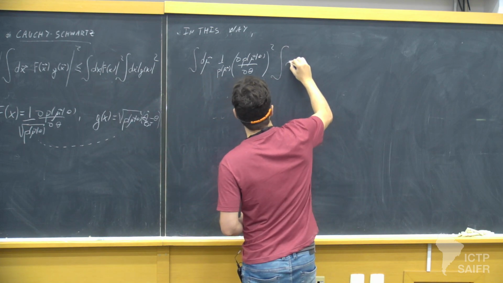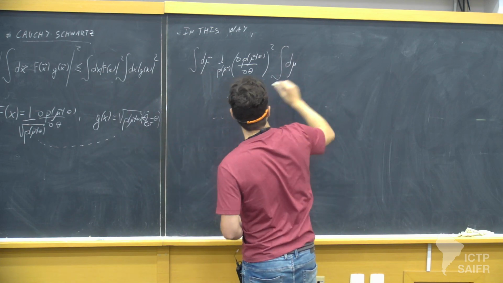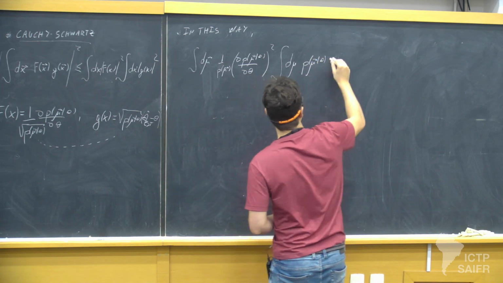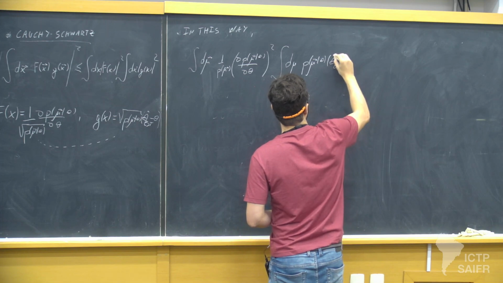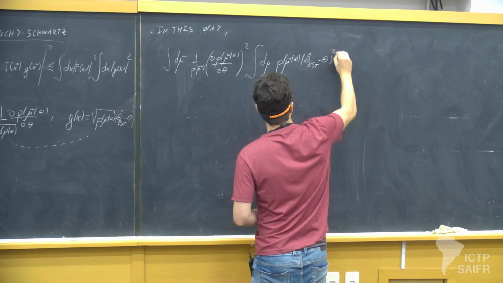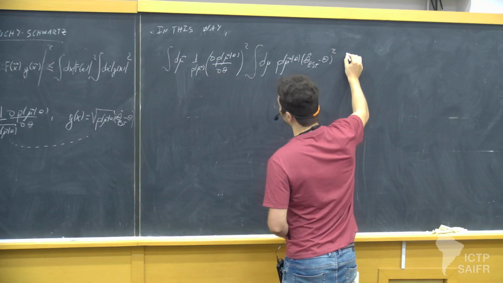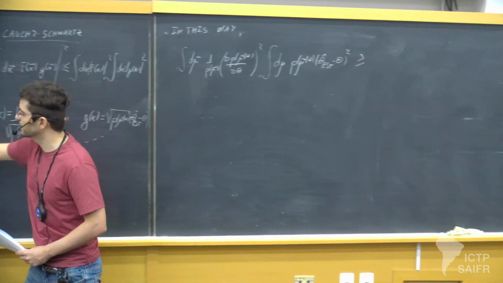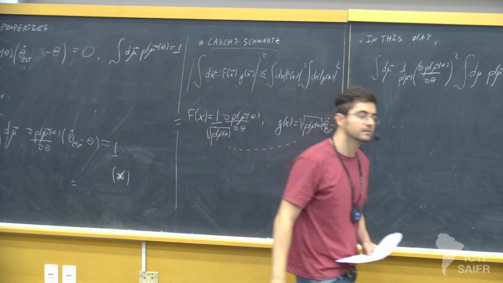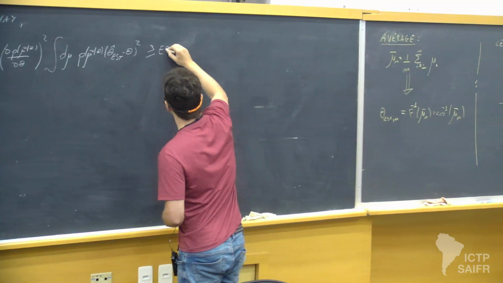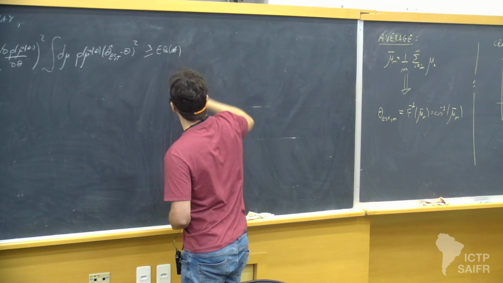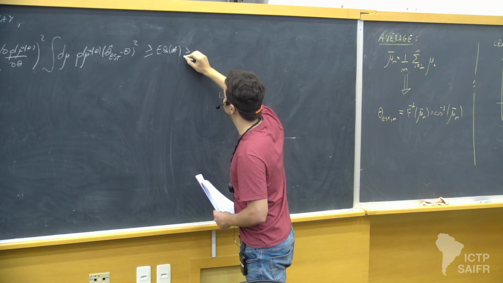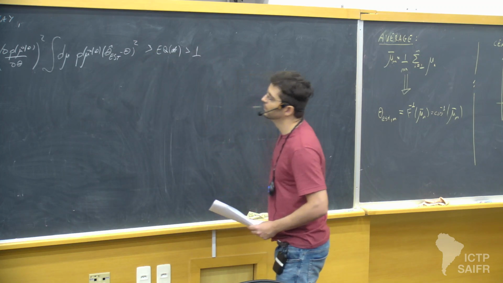This thing multiplies the second term, that's the g squared, the probability of the outcome given theta, and then how far the estimator is from the exact value squared. It's always larger or equal to all of this thing here. That is our main equation from the unbiased property. So everything here is always equal to the star equation, which we know is always equal to 1. So which we know is always larger than 1.